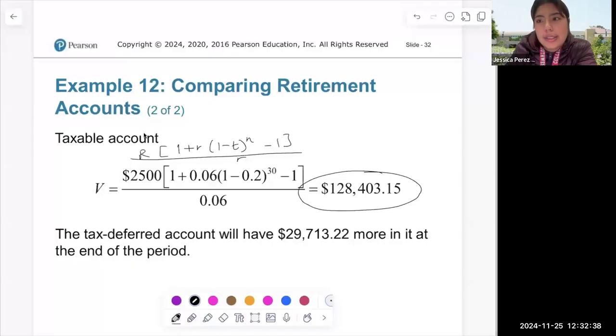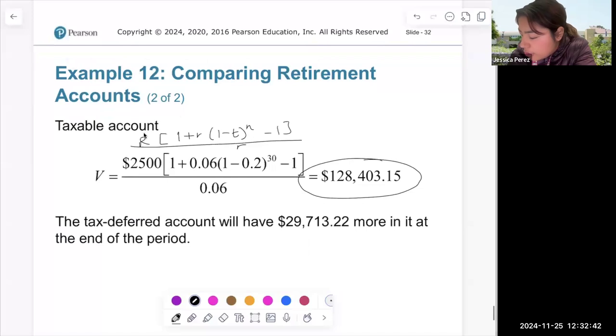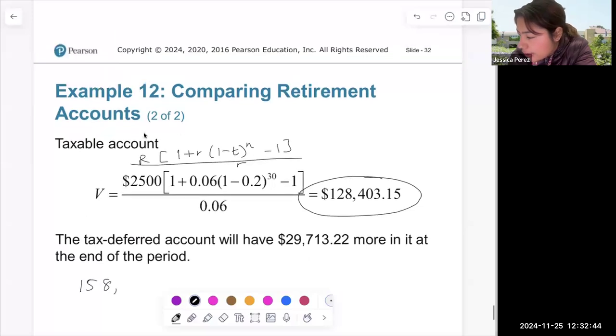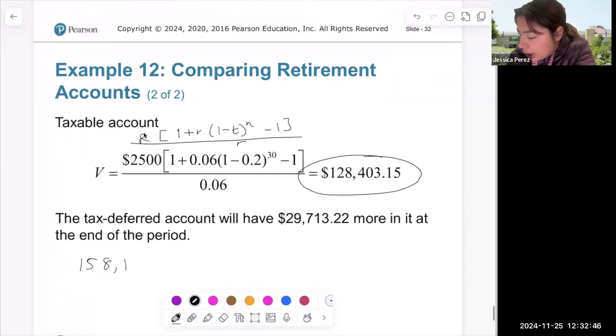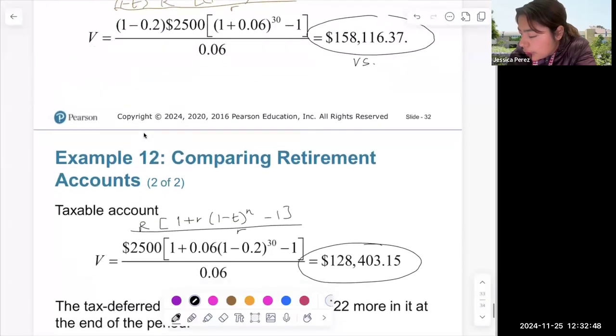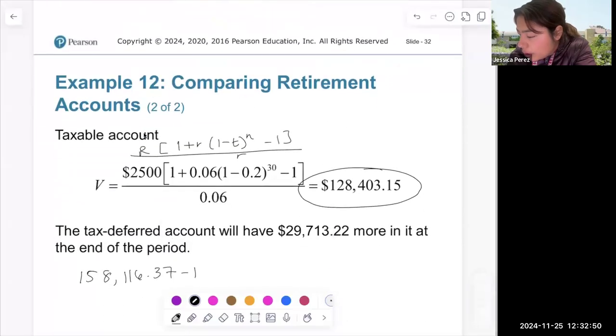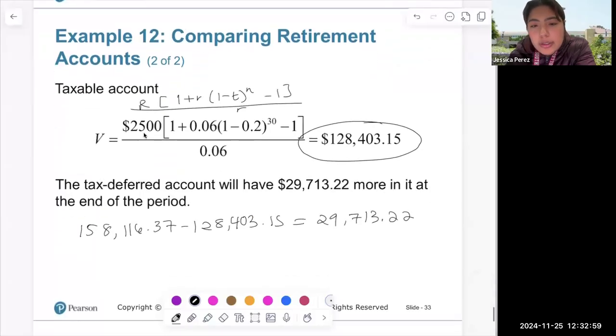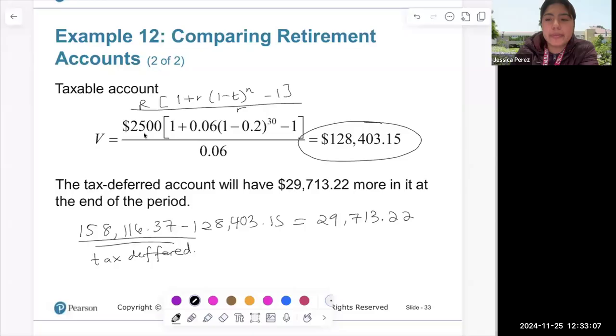So it looks like the tax deferred will be a better candidate. To find that result, we did 158,116.37 minus 128,403.15. That gave us 29,713.22. So that means we're making more in the tax deferred than in the taxable account.